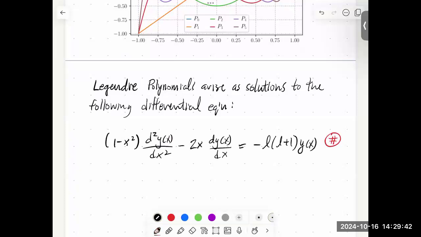This seems arbitrary, I just wrote down some random differential equation, but when we try to solve Laplace's equation, del squared V equals 0, using spherical coordinates and separation of variables, we're going to run into this equation. It won't be obvious at first, it'll be in disguise, but we'll be able to show that they are the same.